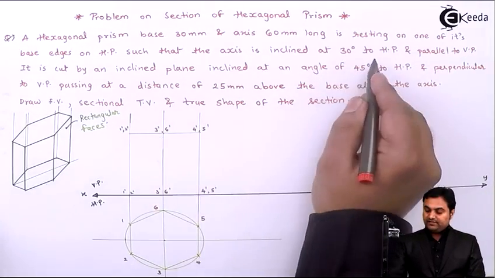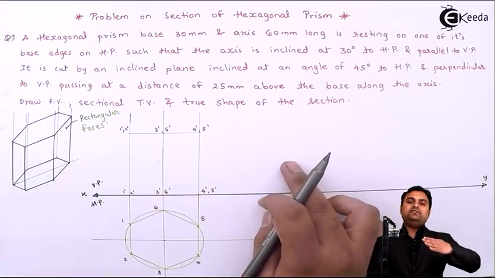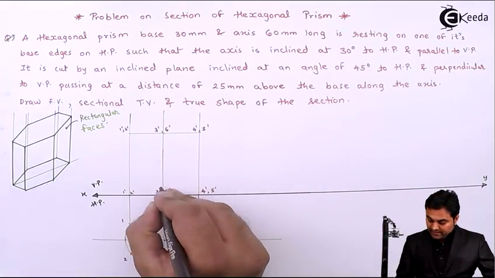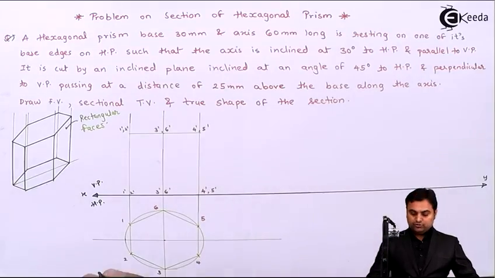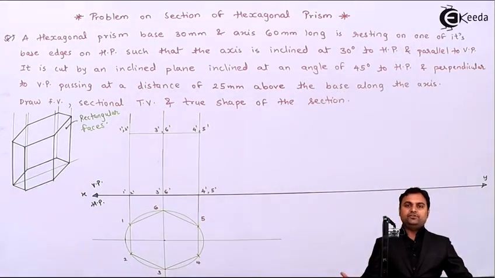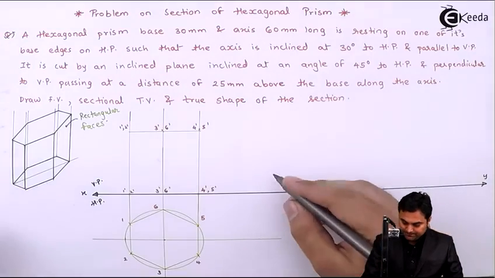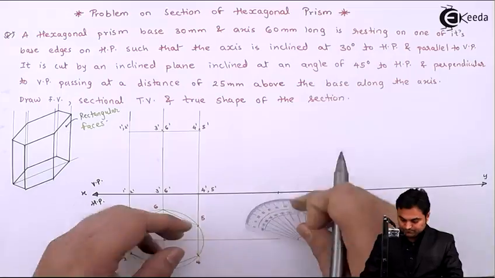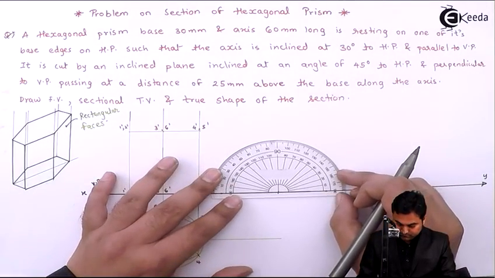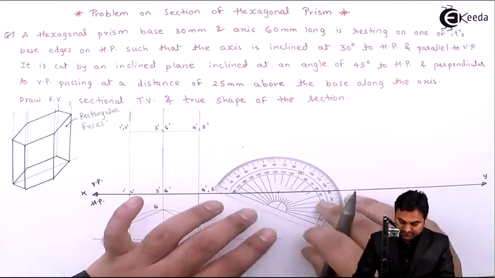That axis is inclined at 30 degree to HP. It will be seen in VP. So if axis is inclined at 30 degree, it means the angle between axis and base, that is 90, they are perpendicular to each other. So if axis is inclined at 30 degree, it means the base is inclined at 60 degree. So now here the base will be inclined at 60 degree. So taking a point here, measuring the angle as 60 degree.